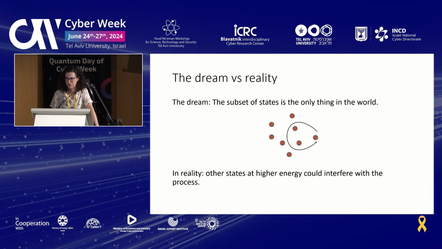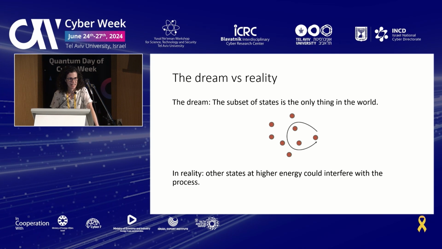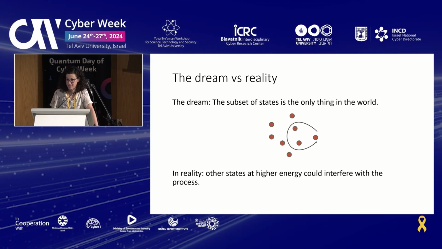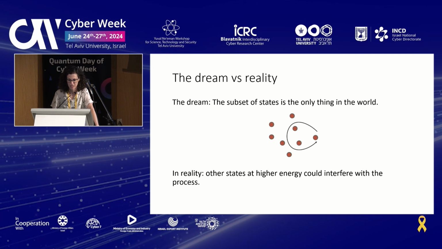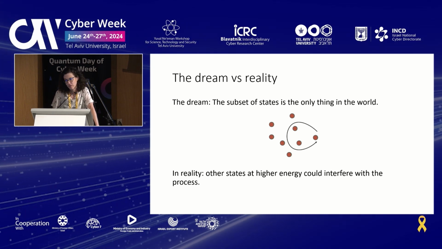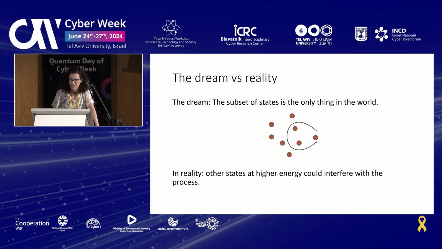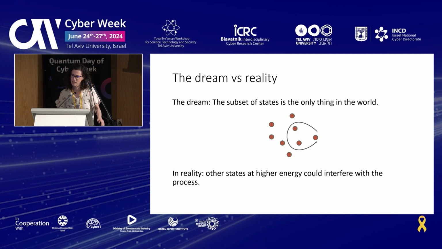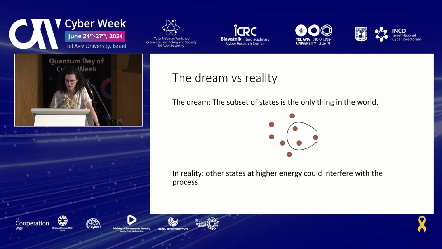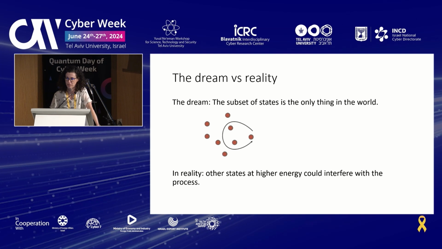You already know a little bit about what happens in reality. In reality, we don't have a qubit like this yet. But also, if we had it, it would be living in a physical system. And that physical system would have other states that are less interesting, and they live at higher energies above that subset of states that you're interested in, and that could interfere with any process that you're doing.